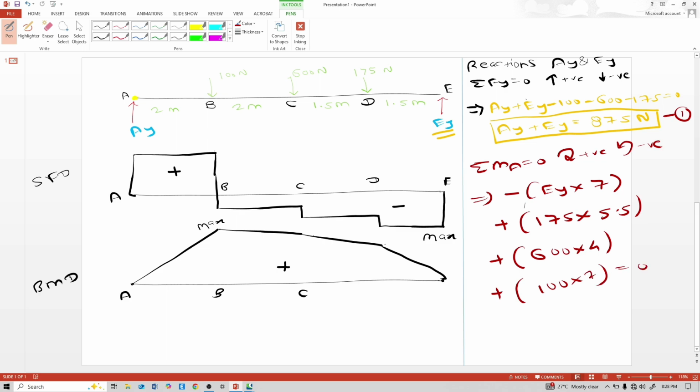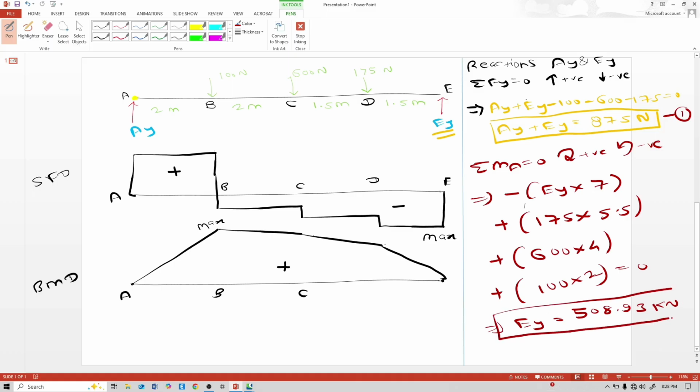and equal to 0. So this EY comes: minus EY into 7 plus 175 into 5.5 plus 600 into 4 plus 100 into 2 equal to 0. So it is 508.93 Newton.